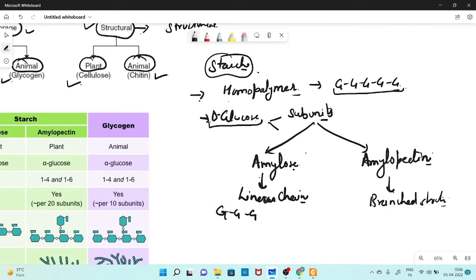For example, this is a linear chain of glucose, and this bonding is called alpha 1,4 bonding.